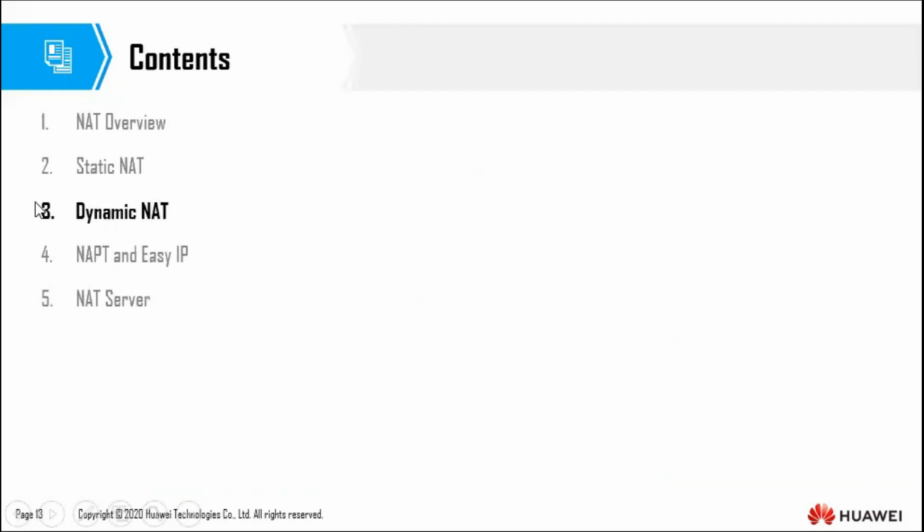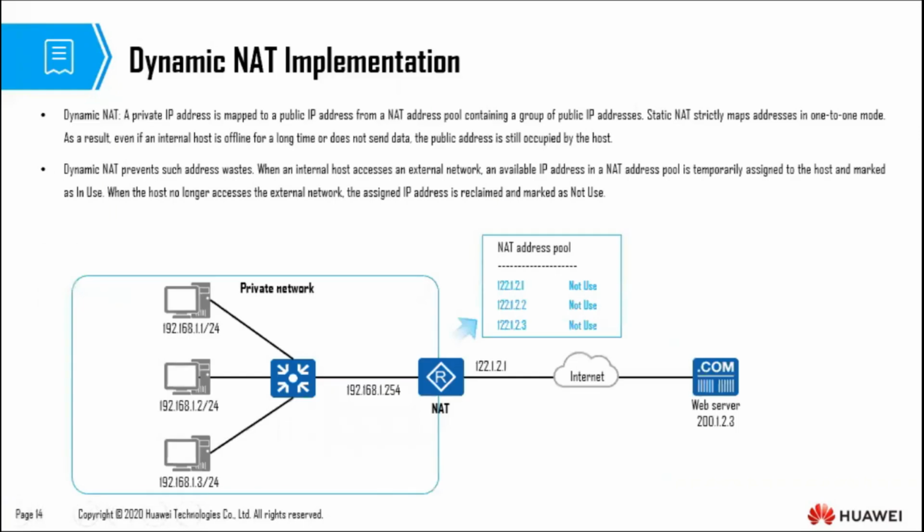So let's have an overview of dynamic NAT. Now, unlike static NAT, which does one-to-one mapping, this one does, I can call it, many to many.